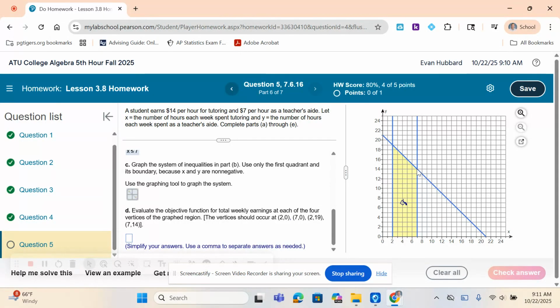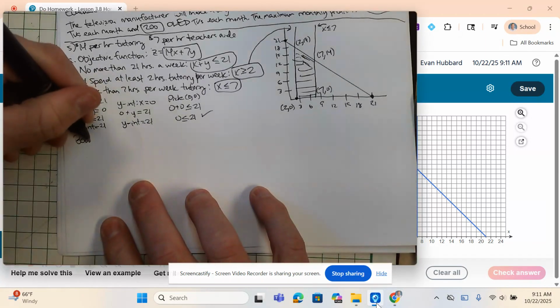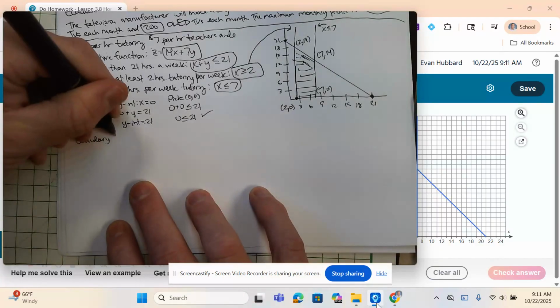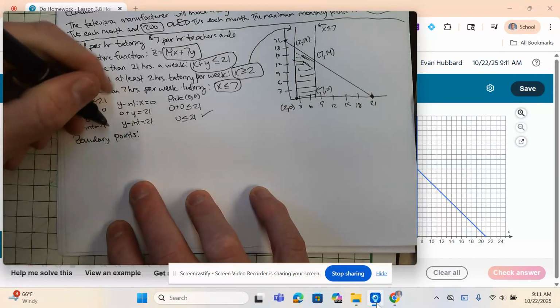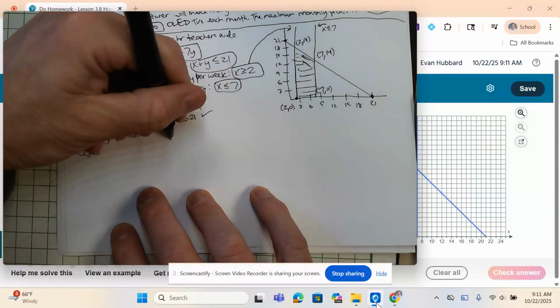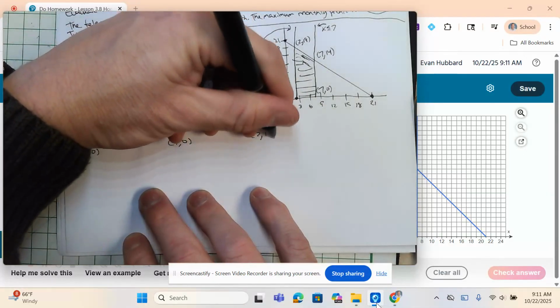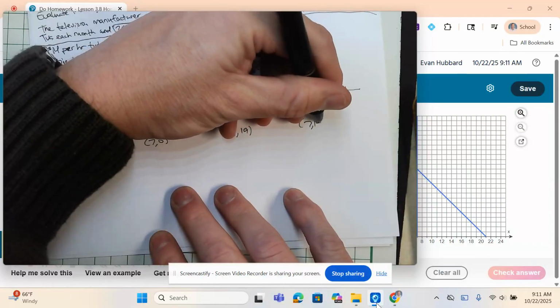They gave you those, which was nice of them. So we're going to write those boundary points down: 2, 0, 7, 0, 2, 19, 7, 14.